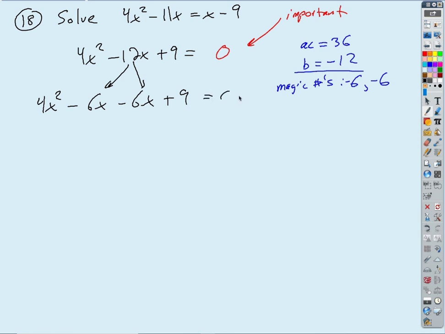Now what am I going to do to the left side? I'm breaking it up into groups. What am I doing with the first group? Finding the greatest common factor, which is 2x. What's left over? x minus 3.